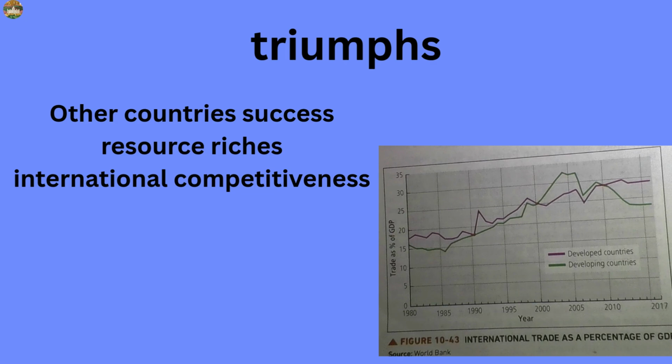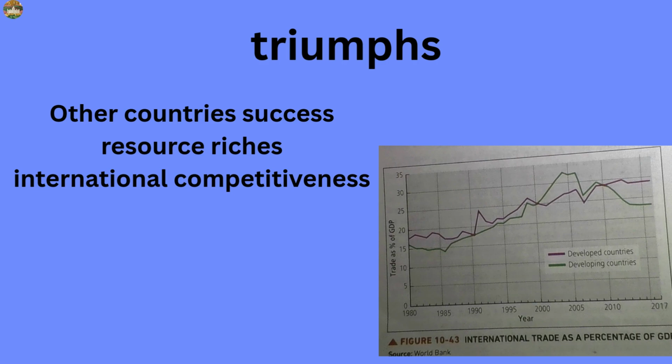This was after many countries had switched over to international trade, and this newfound optimism was based on 3 things. Other countries' success. Developed countries in Europe and North America were joined by others such as Japan and South Korea through international trade. So if they could become more developed with international trade, why couldn't other countries?